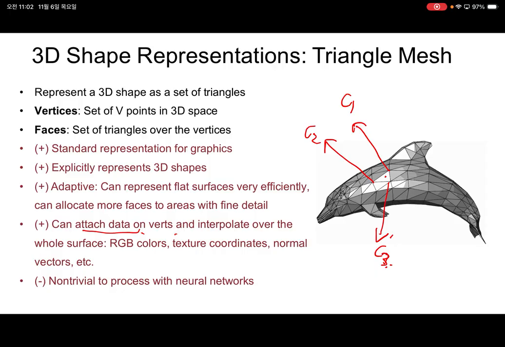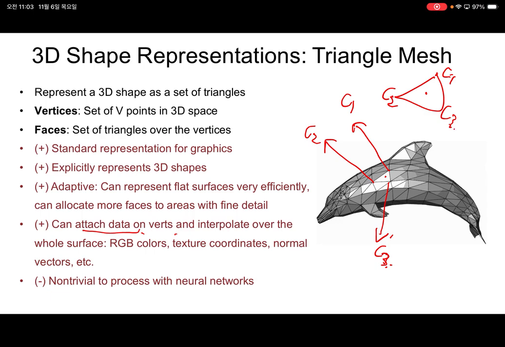I'm not sure you learned barycentric coordinates. All the points inside the triangle can be interpolated with C1, C2, C3. Any arbitrary point inside the triangle can be obtained by linear interpolation of these 3 values. That is about barycentric coordinates.